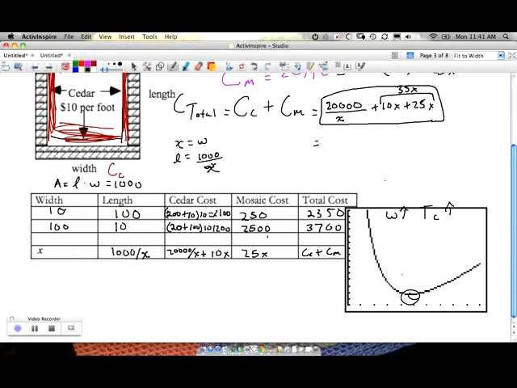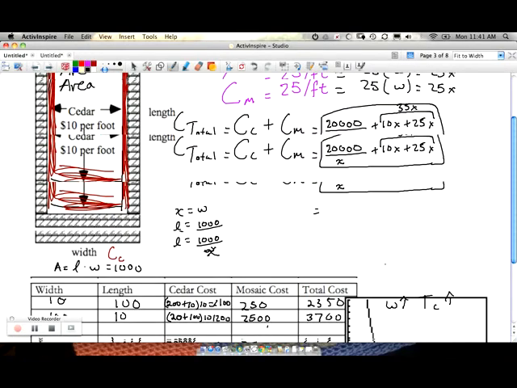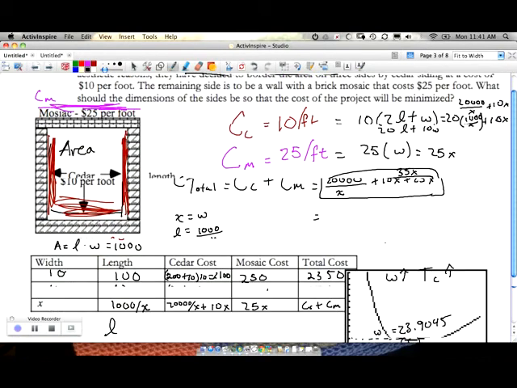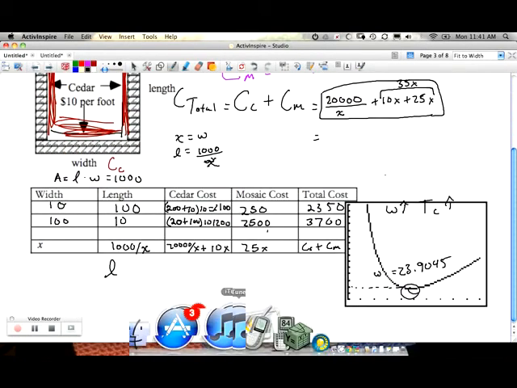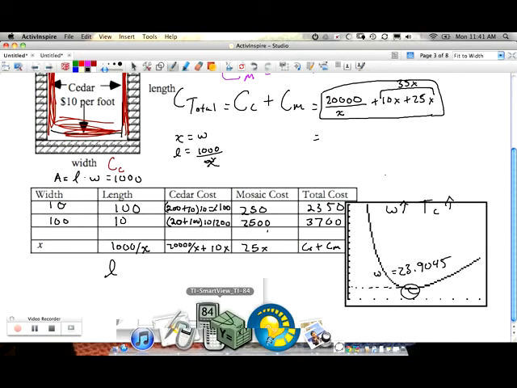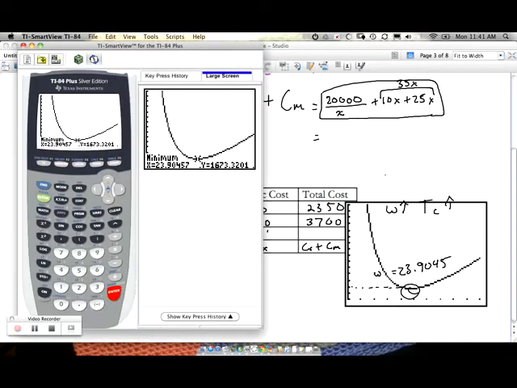So right here, this is at 23.9045. That's my width. But what's my height? Actually, no, that would be my total cost. How do I find my length? Not my width, or my height. What's the total cost? Oh, that's all it's asking us. Well, we can look at our calculator to tell us that. It's right here, 1673.32.